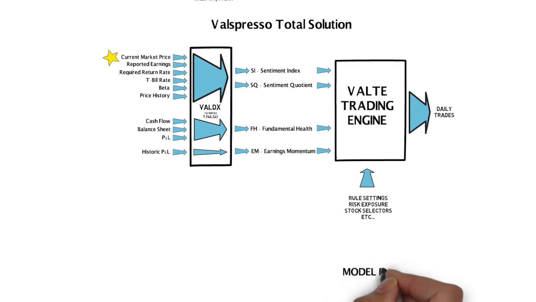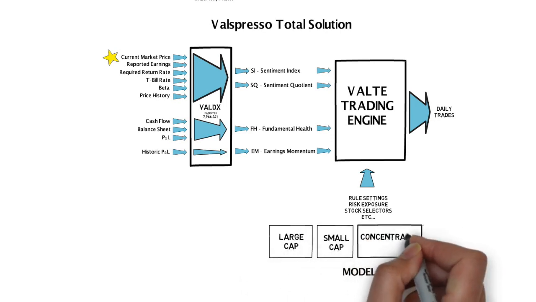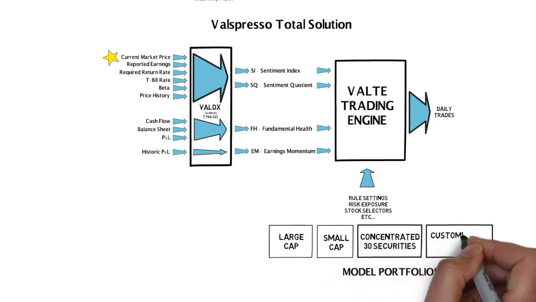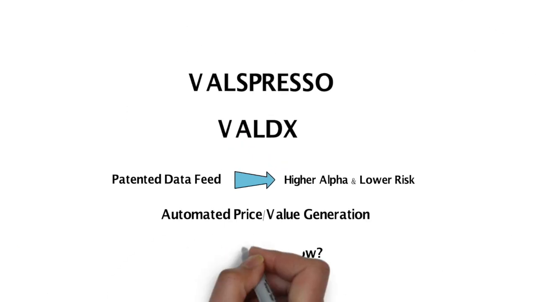Valspresso also offers 3 pre-designed model portfolios that have been thoroughly backtested. They include a large cap, a small cap, and a concentrated portfolio with only 30 securities. In addition, fund managers can create their own customizable portfolio. More sophisticated strategies have the potential of producing even better results.